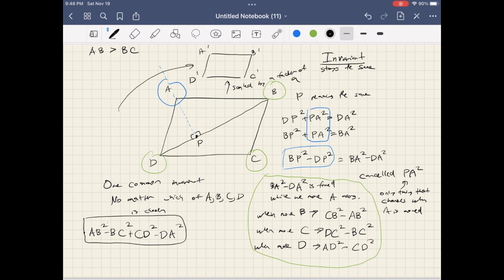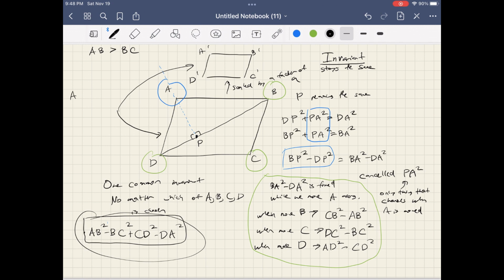But since we applied the invariant, this quantity over here has to be the same across A, B, C, D and its scaled version. Let's call it A prime, B prime, C prime, D prime, right?